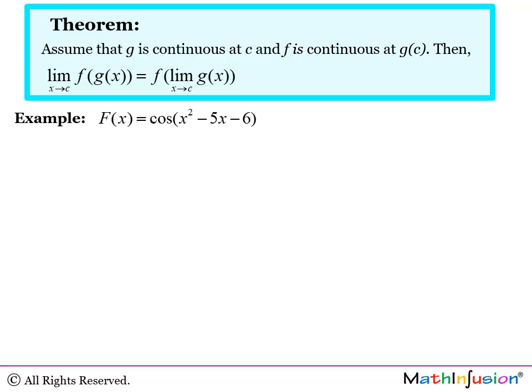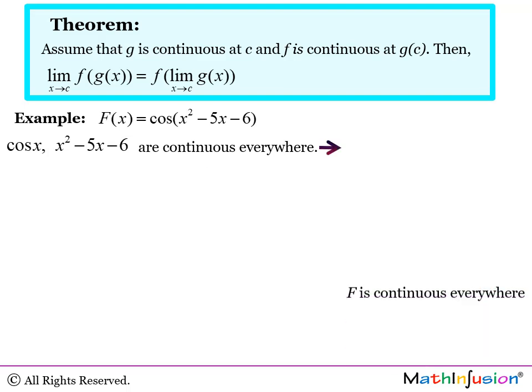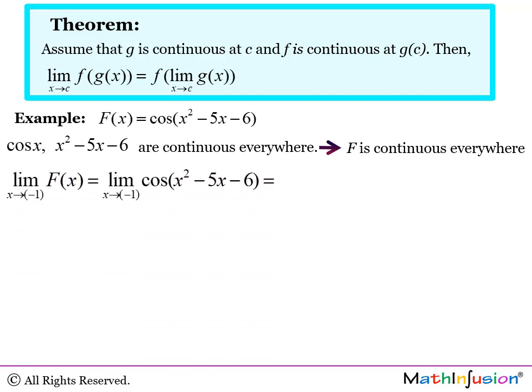One is a polynomial and the other one is cosine x. So we know that the function f of x is also continuous everywhere. Because it is continuous everywhere, then I can easily evaluate the limit of the function wherever I want. For example, where x approaches -1, I can just use the theorem and say that I can switch between the cosine function and the limit.